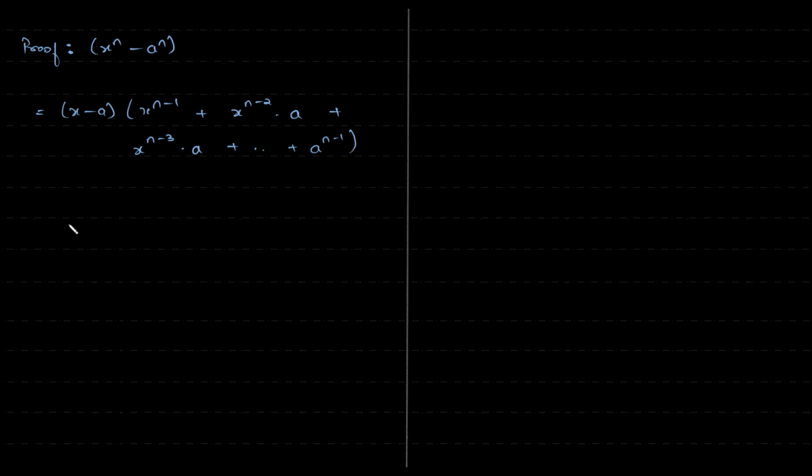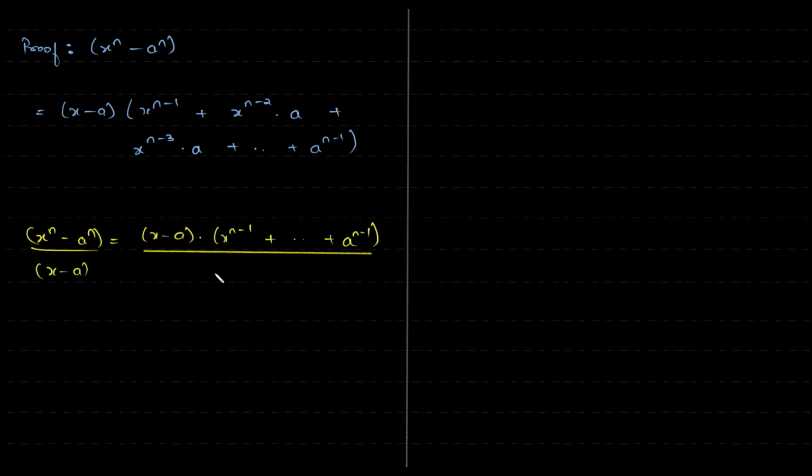So to the given expression, I'm taking x to the power of n minus a to the power of n divided by x minus a. If I apply this particular thing, let's see what happens. So this entire expression, (x minus a) times (x to the power of n minus 1 plus dot dot dot a to the power of n minus 1), this entire expression is divided by x minus a.